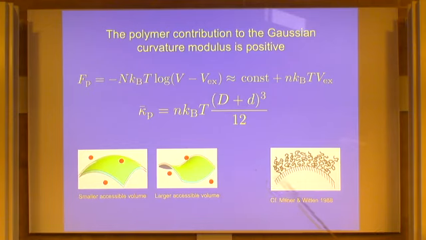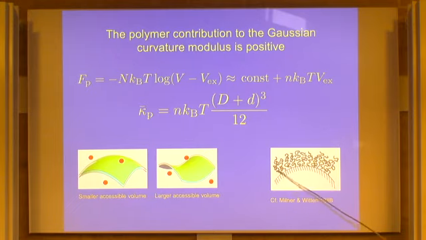And this argument is really the same argument that Milner and Witten made for the contribution to the Gaussian curvature modulus for a polymer brush, where if you imagine a surface, let's say it's flat and it's got some polymers attached to it, and there's some free energy cost for that system, and then you put it into a configuration with negative Gaussian curvature.